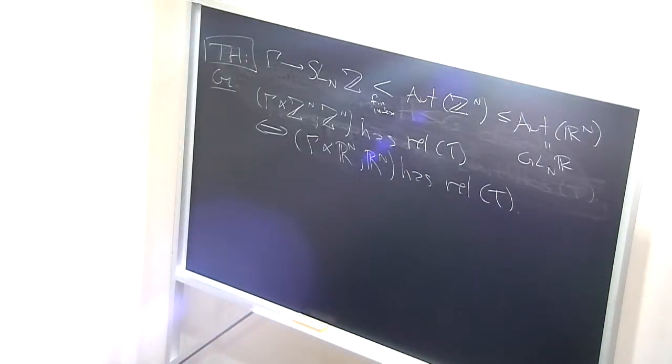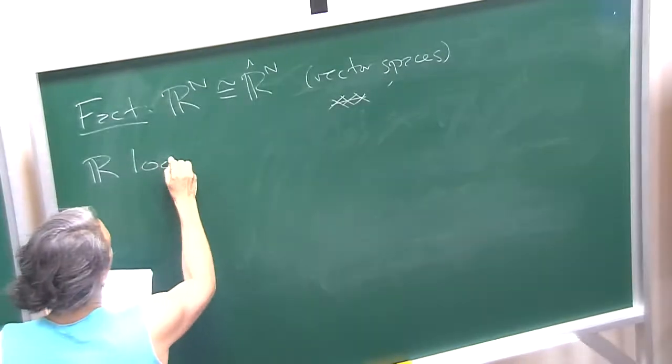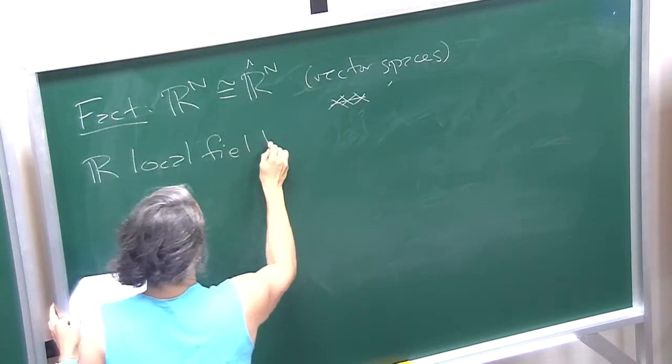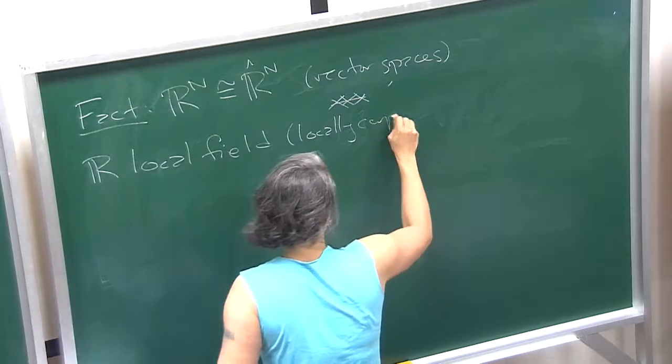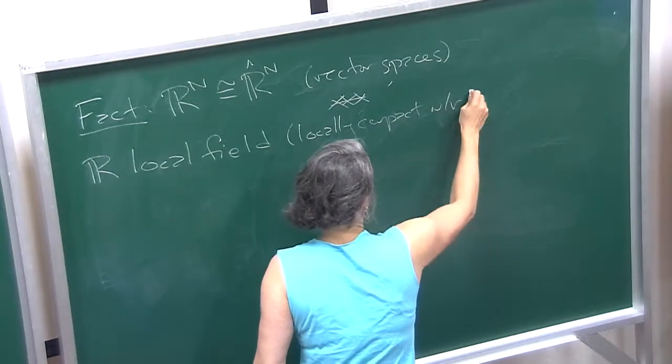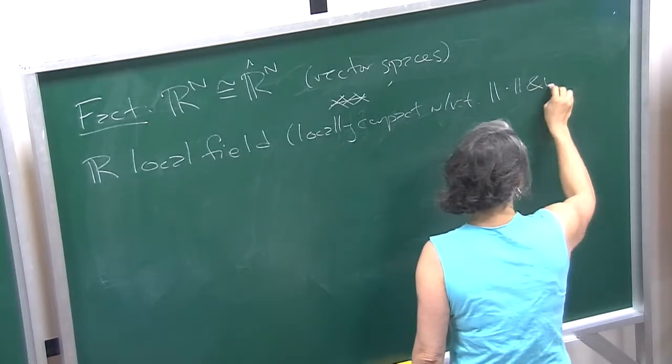Okay, so R is a local field. So it's locally compact with respect to this norm that we have, and it's a union of compact sets.